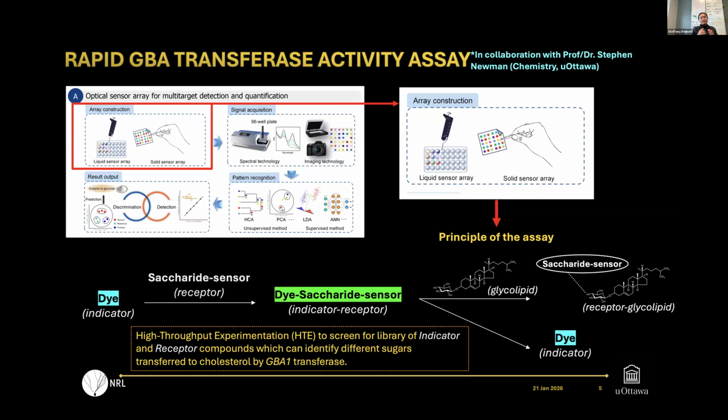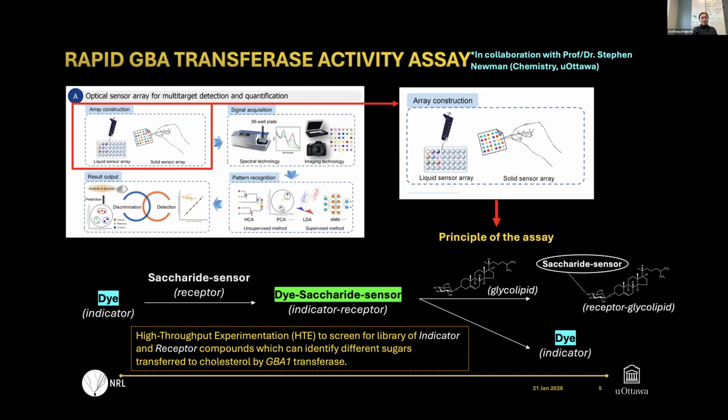There is a difference in the binding affinity between the receptor and the indicator or the sugar head group on the glycolipid. Based on this differential in binding affinity, we can quantify, number one, the presence of, for example, glucosylcholesterol in a patient sample, and number two, how much of this is present, based on calculating the difference in the binding.